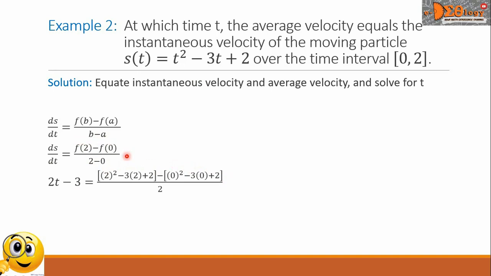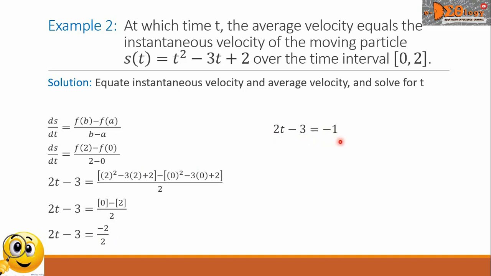All over, the 2 minus 0 here is simplified into 2. Simplifying the two big groups in the numerator, we have 0 minus 2 all over the denominator 2. So the numerator here now becomes negative 2. And when we divide this by 2, we simplify the equation into 2t minus 3 equals negative 1.